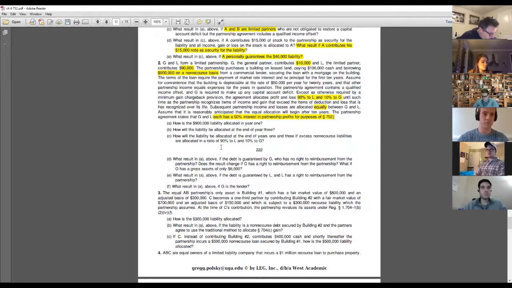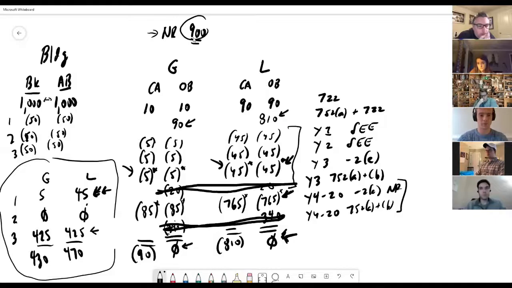So if the debt is guaranteed by G, who has no reimbursement from the partnership, then we no longer have a debt where the lender can solely look to the property. Now the lender can sue G on his guarantee, and the buck's going to stop with G. And so all 900 of the debt is going to go to G. So G would be apportioned all 900 of the debt.